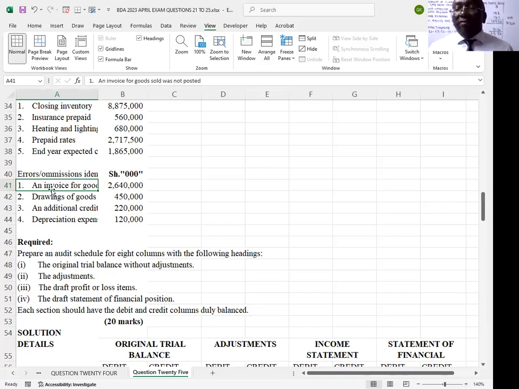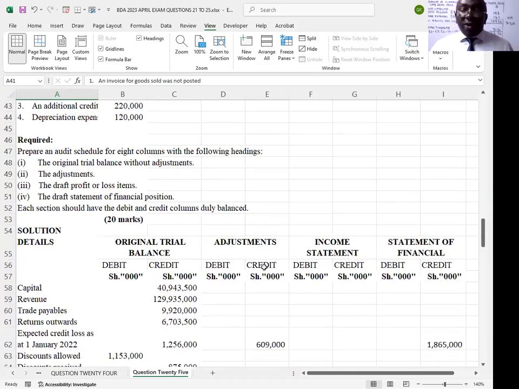Because anytime you see an invoice is issued, it is when we are doing credit sales. So we are going to increase our sales by crediting them and increase our receivables by debiting them.